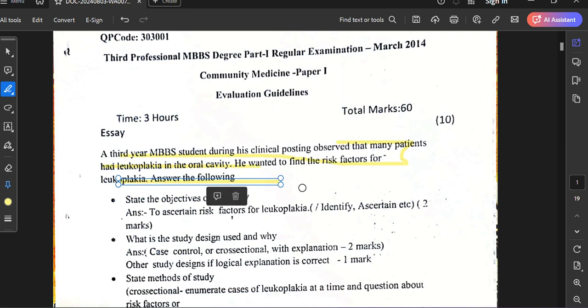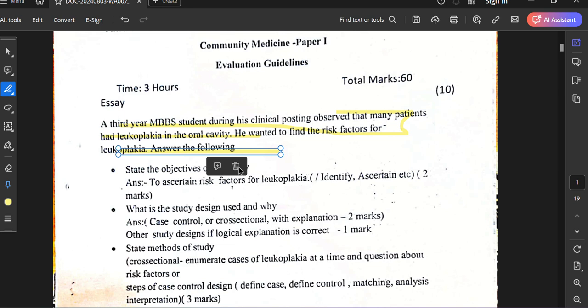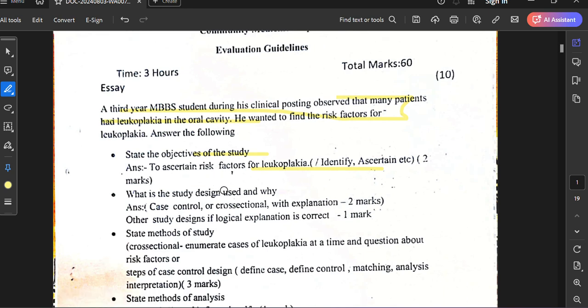State the objectives of the study. He wanted to find the risk factors for leukoplakia. So, what are the objectives of the study? One, to ascertain the risk factors for leukoplakia, identify and ascertain what the risk factors are.